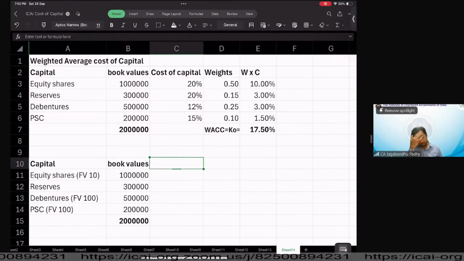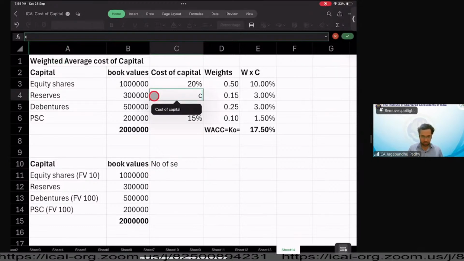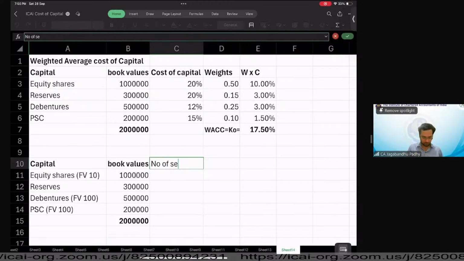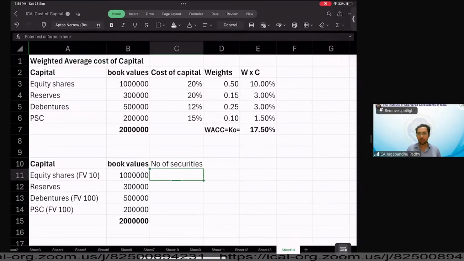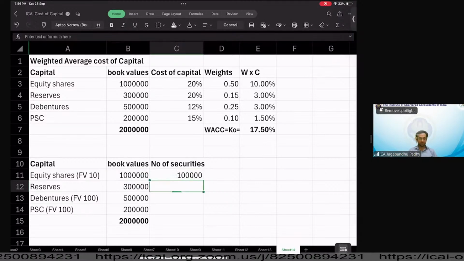Now, after the book values, if I ask you, what is the number of securities? The number of securities is basically the number of debentures or shares that we have. How many shares are there with the company? Can I say 10 lakh divided by 10 rupees?